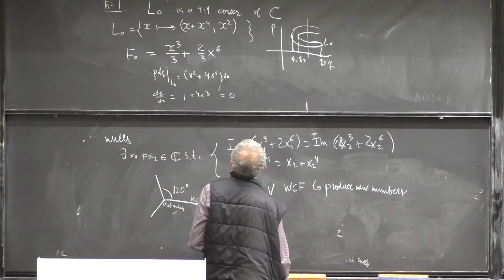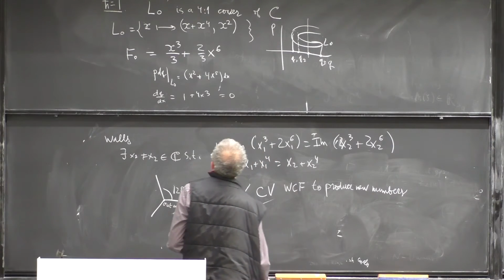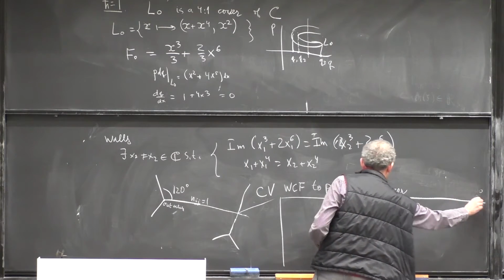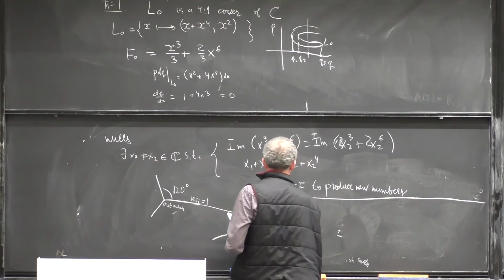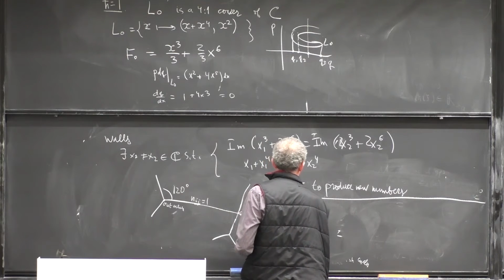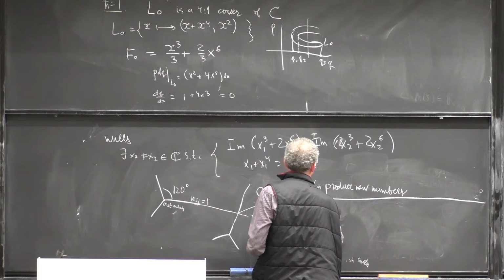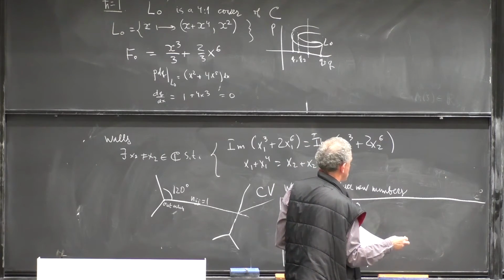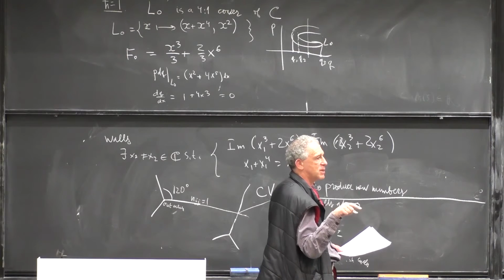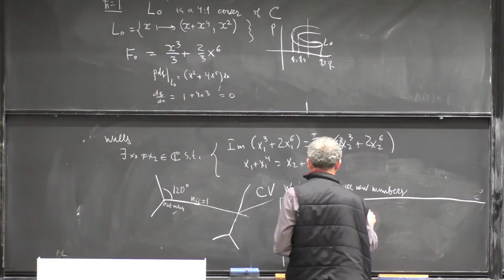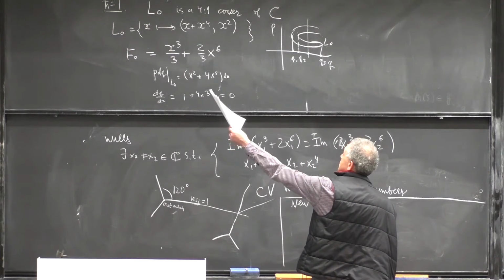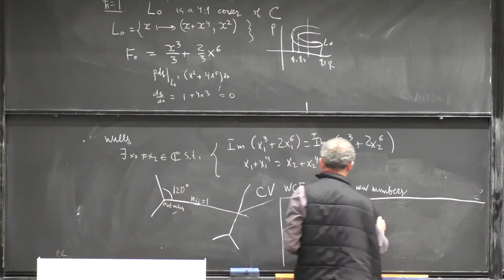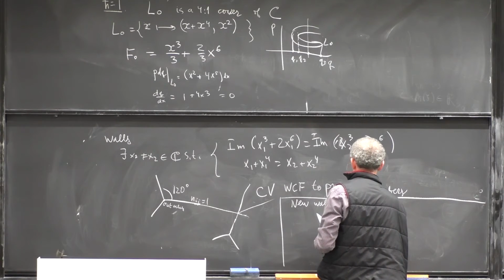And this will give us a different type of walls. So now we should look at new walls at infinity, because we should look at the exponent of the real part of the corresponding multi-valued functions.